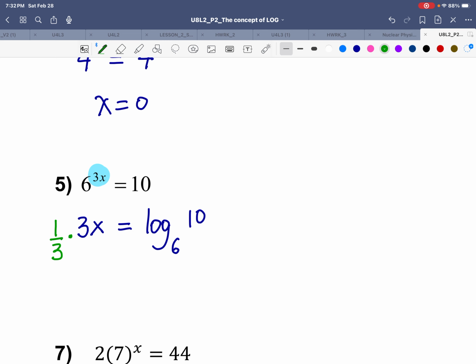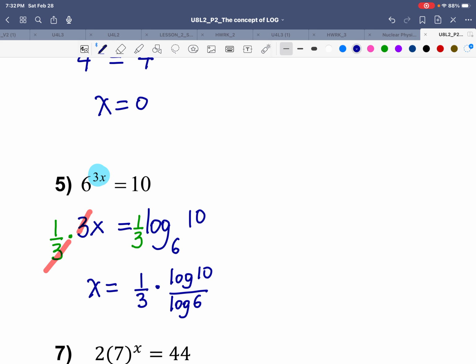It's the same thing. And I will multiply by 1/3 both sides. And that would allow me to simplify the coefficient and get just x, which in this case is equal to 1/3 multiplying log of 10 over log of 6.